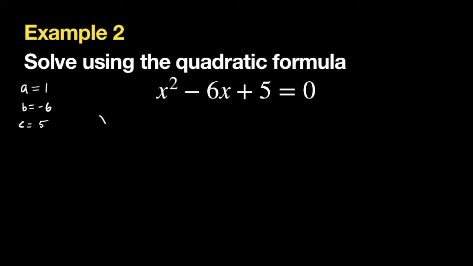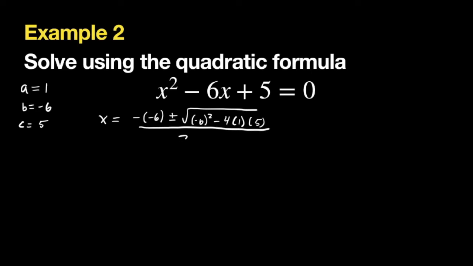So we're going to put it into our formula. We have x is equal to negative 6. Once again, we have a double negative right here. Plus or minus the square root of negative 6 squared minus 4ac. And in this case, our a is 1 and our c is 5. And everything is going to be divided by 2 times 1.